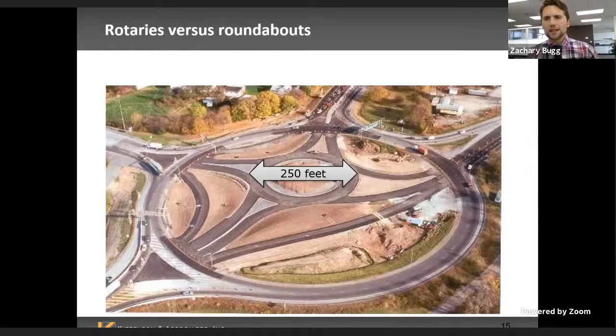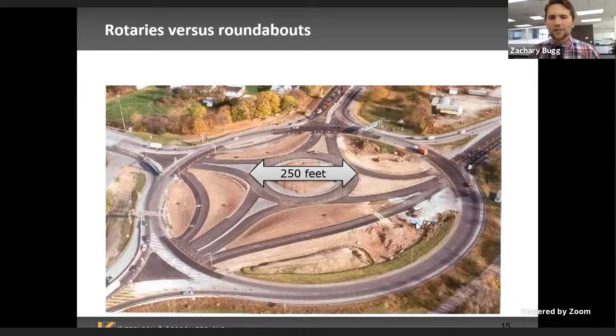A lot of these states designed those rotaries back when there was no yield control. It was a free flow situation, a merge and diverge similar to freeway control. So these rotaries got very, very large.